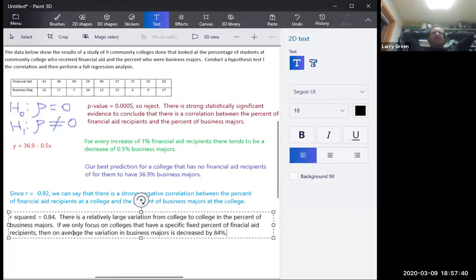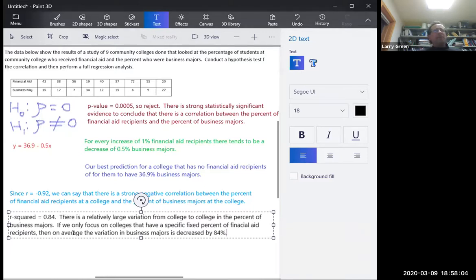They're all over the place. Do you see that? But if you only look at colleges that all have the same financial aid percent, the business major percents will not be all over the place. There'll be 84% less variation. Another word for variation is standard deviation, by the way.